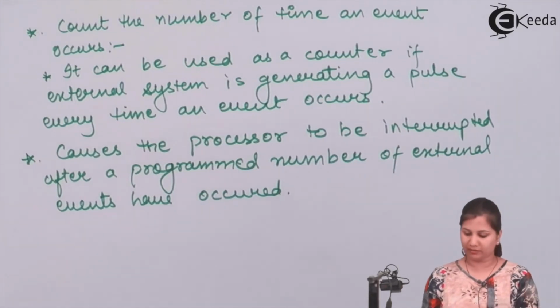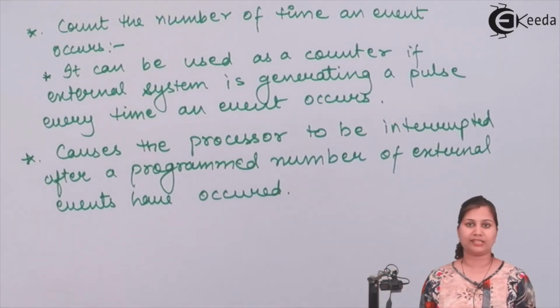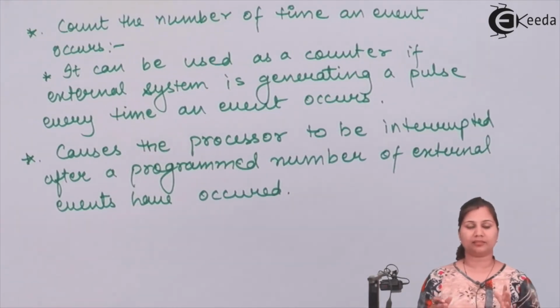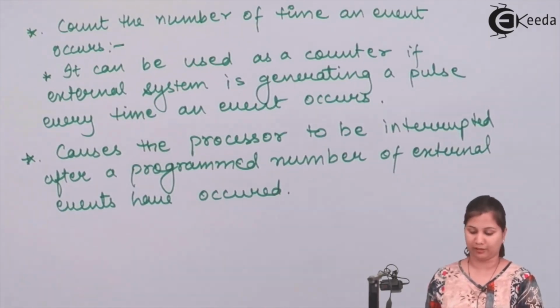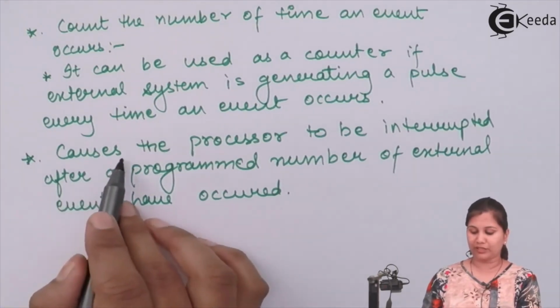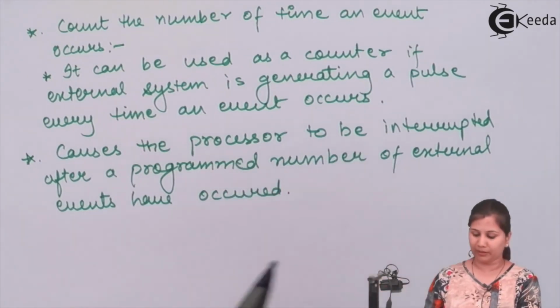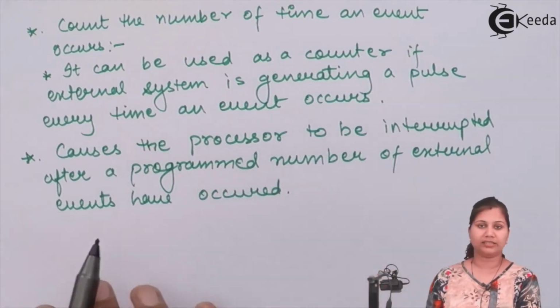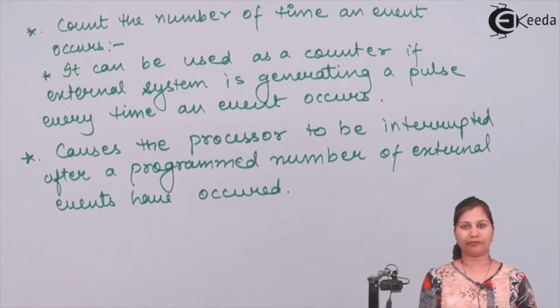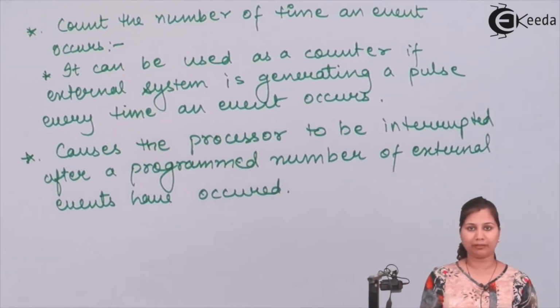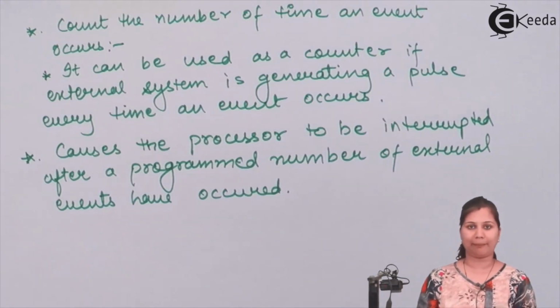When the external events are completed, the 8253 IC generates a pulse, and that pulse interrupts the microprocessor. So the 8253 can cause the processor to be interrupted after a programmed number of external events have occurred. Suppose there are n tasks, and after half of the tasks are completed we want to interrupt the microprocessor. We can use the 8253 IC in such applications.